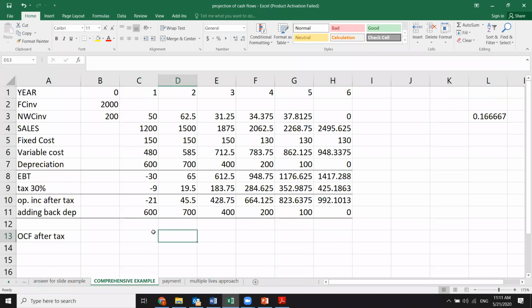So we're adding depreciation back. That's where we get it.